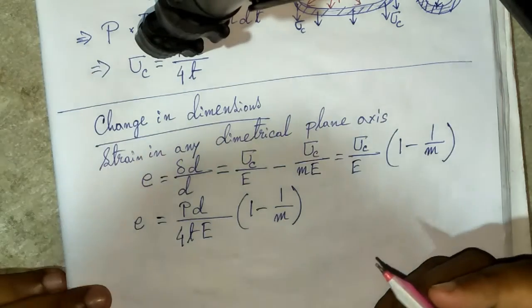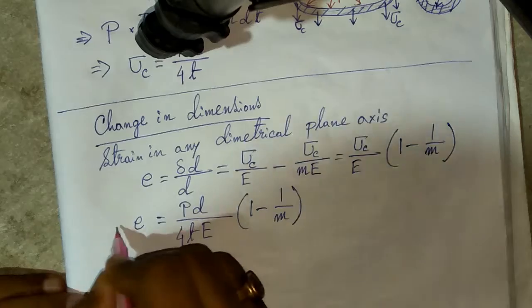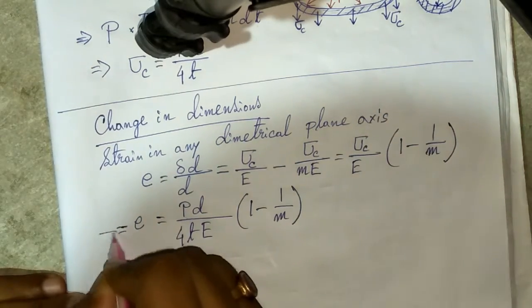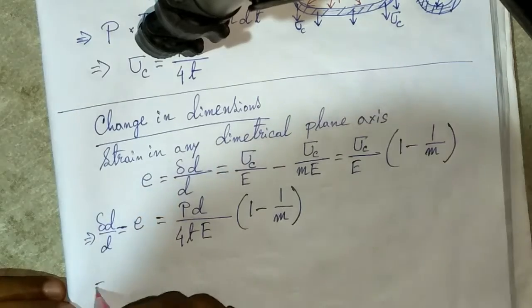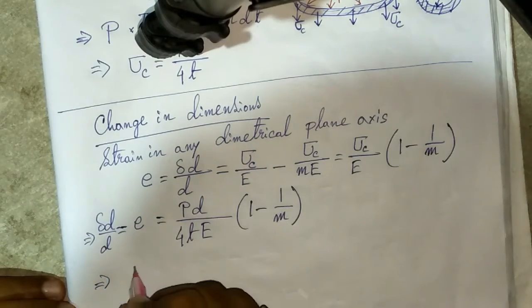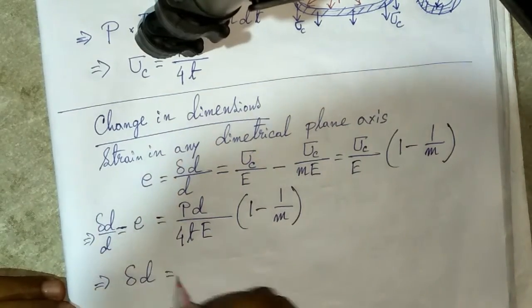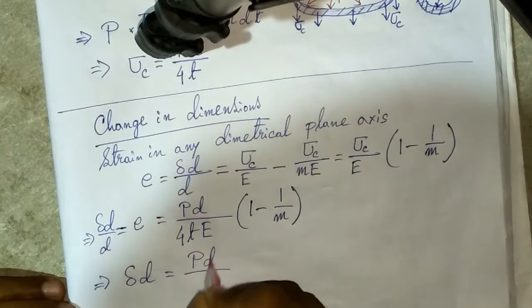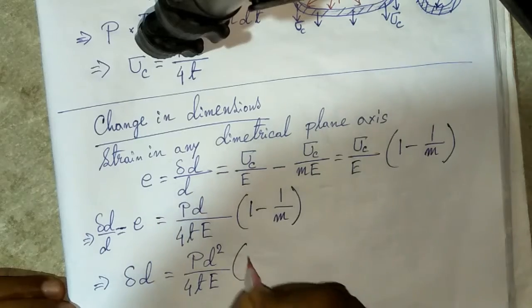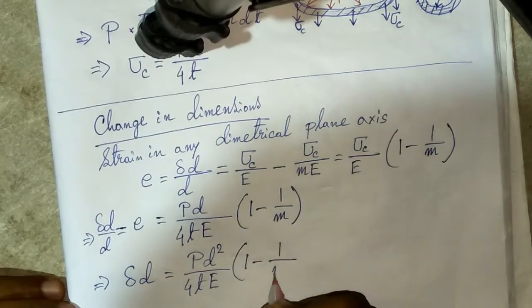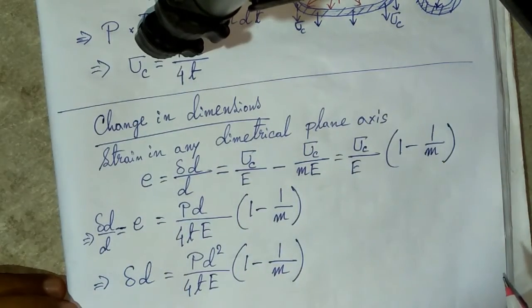Or better to write delta d by d, so the change in diameter, delta d, becomes p d square by 4tE into (1 minus 1 by m).